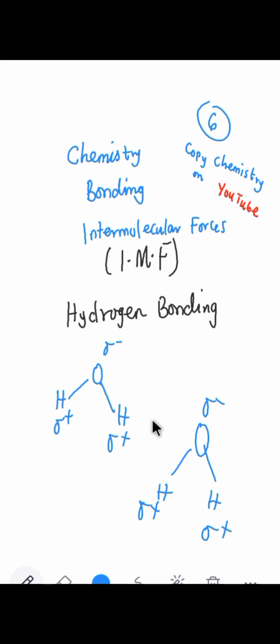So what are we doing here? From the positive to the negative, right? So we have something like this, and this bond here is the hydrogen bond. So that's what happens. Very interesting. So this is what happens in your hydrogen bonding. It is the strongest intermolecular force, the strongest type of it. Okay, so that is basically that.